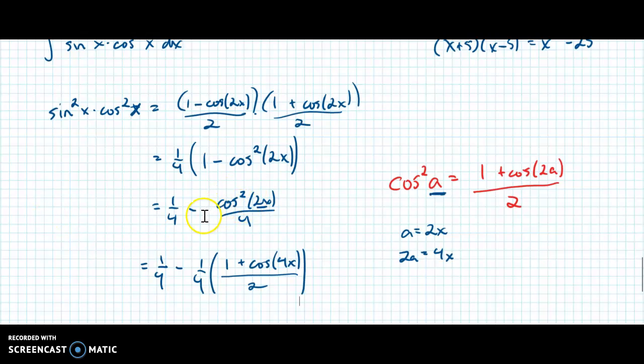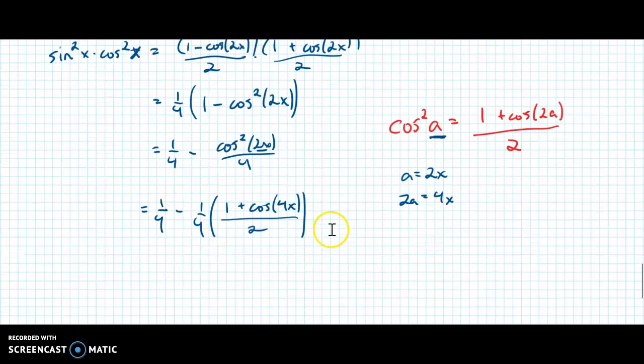Hopefully you see that, and I think that with more practice that'll come, right? But it was this in here, and it says 1 plus cosine of 2a. So what's 2a? It's 4x. From there, I get 1/4 minus 1 over 8 times 1 plus cosine of 4x, which is going to give me, all right, let's look at this.